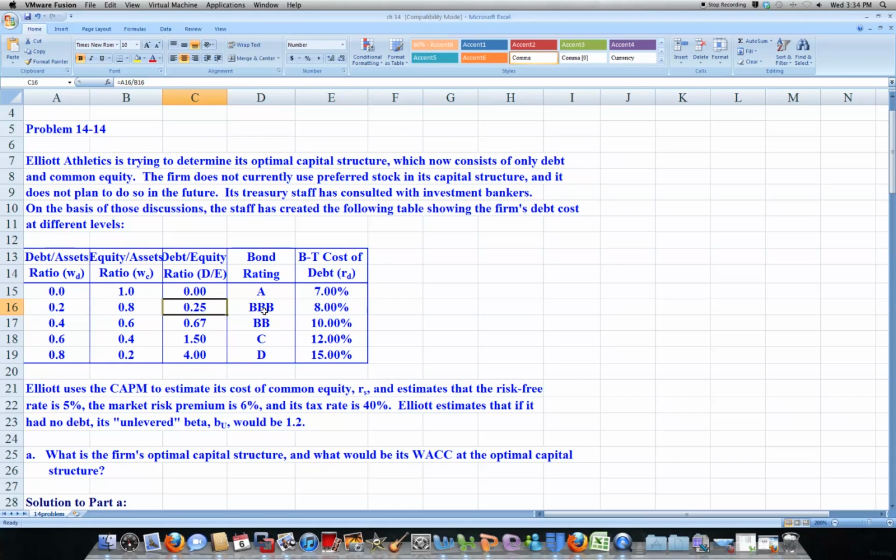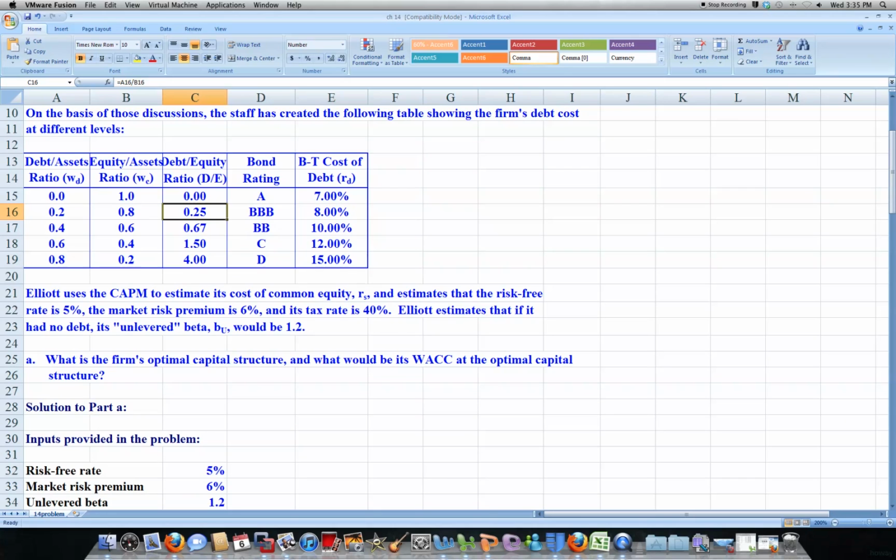Our bond rating here is BBB, and our before-tax cost of debt is 8%. So you'll notice as the bond rating goes down, the cost of debt goes up. We have things like liquidity premium and default risk involved in this. So you need to make a chart just like this that it has in the book.